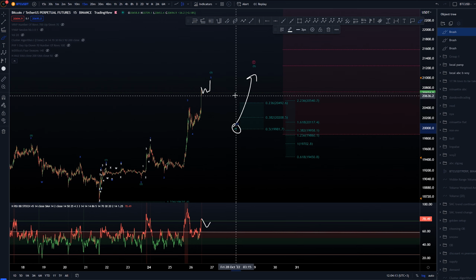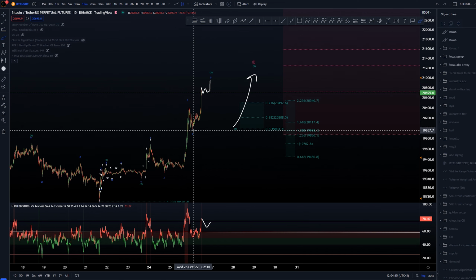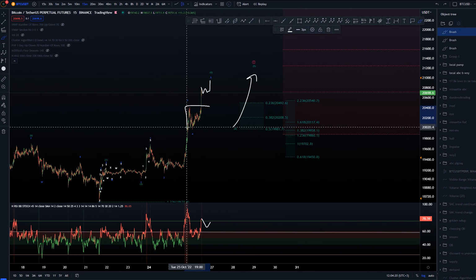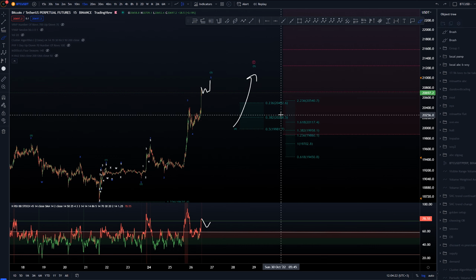Generally, these higher time frame structures find support on the previous wave 3's wave 4. That is why we have this area here with the confluence of the 0.382 as one area.